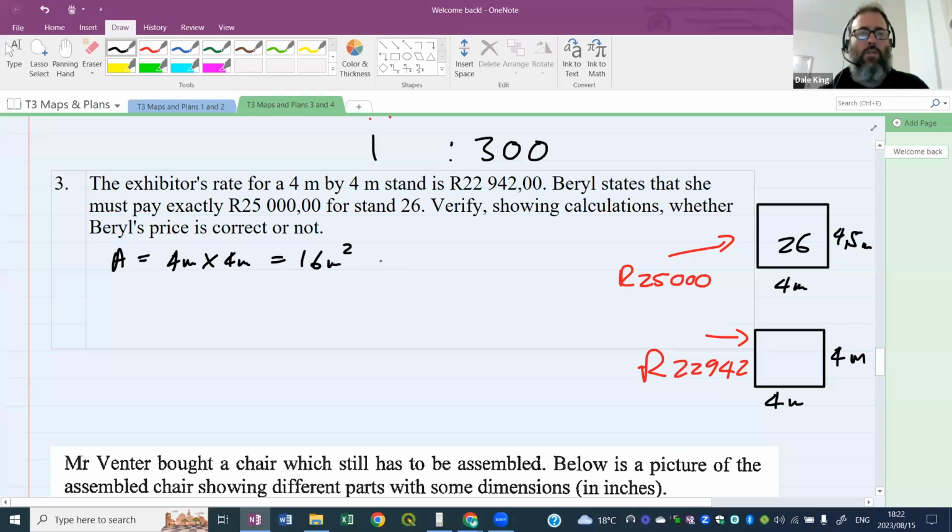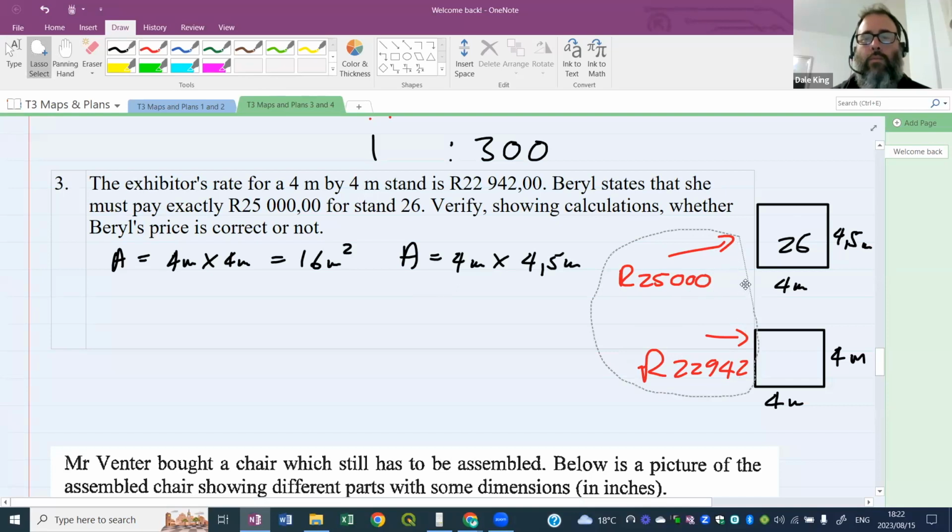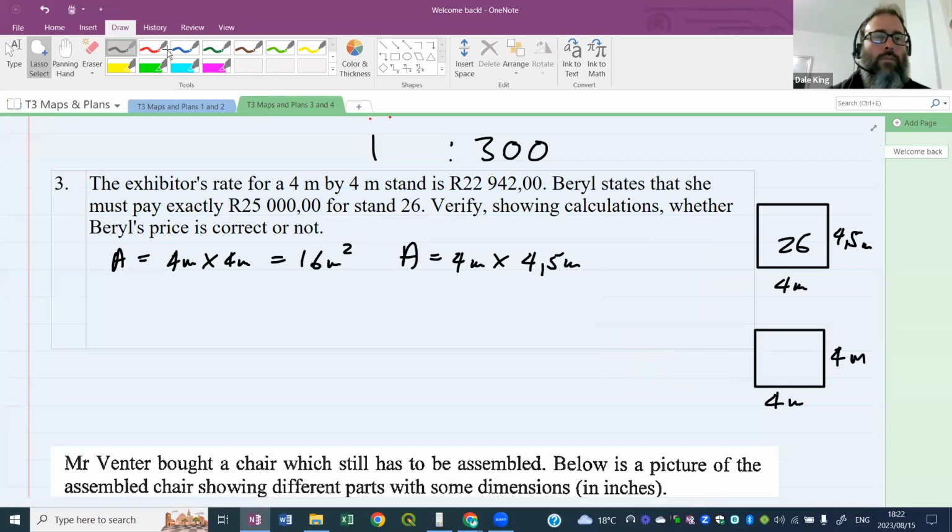So for 16 meters squared, we get it's 22,942. The area for the second one is 4 meters by 4,5. What do we get there? 18. All right.